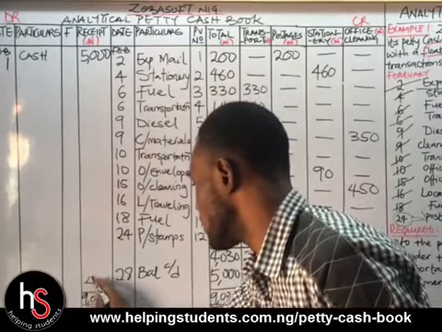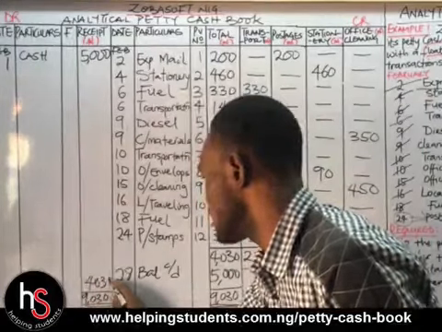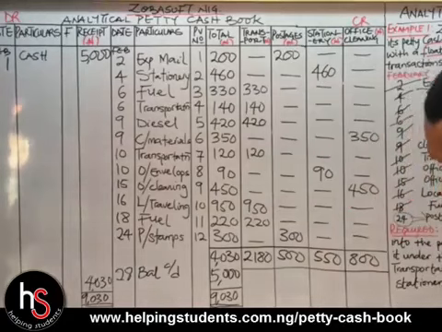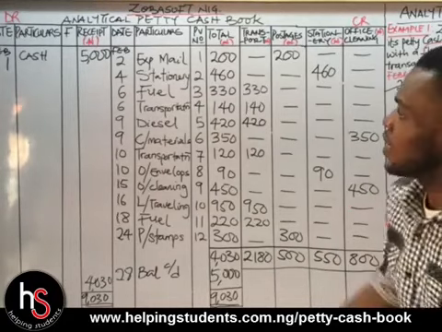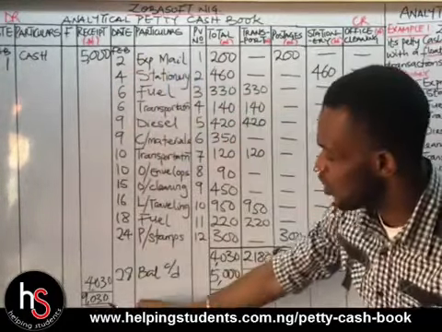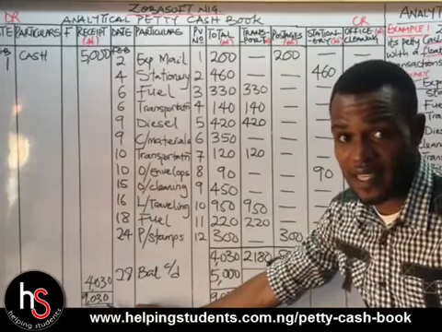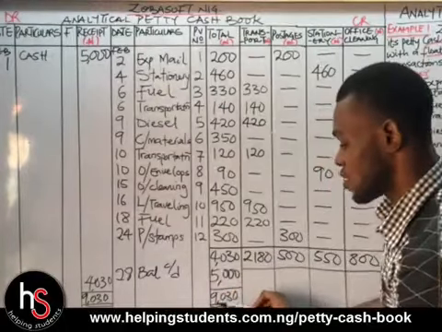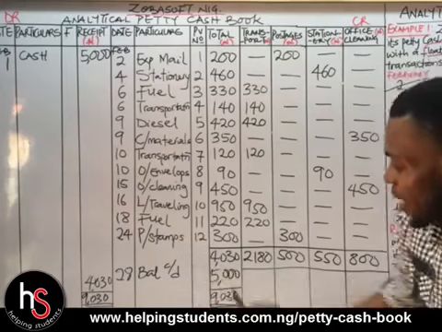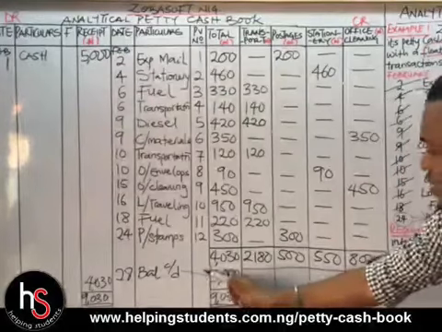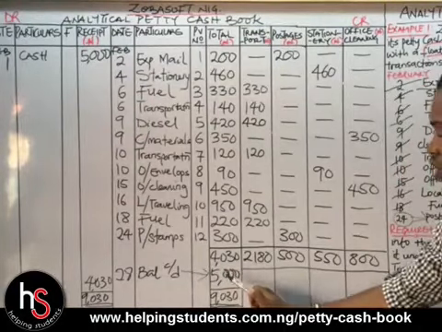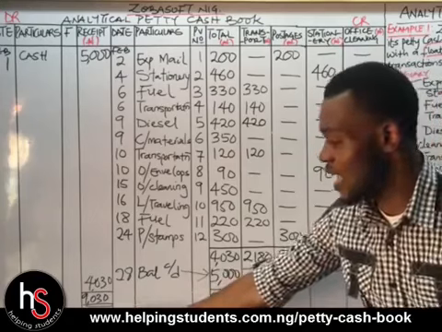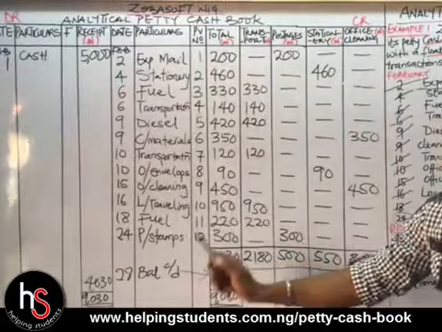So we write 4,030. Now the summation of these two values equals 9,030, isn't it? So these two accounts are balanced. Now, what is our balance CD? Remember, our balance CD was 5,000. Now, this 5,000 we have here comes down here as our balance BD.